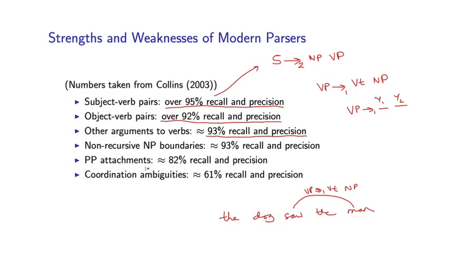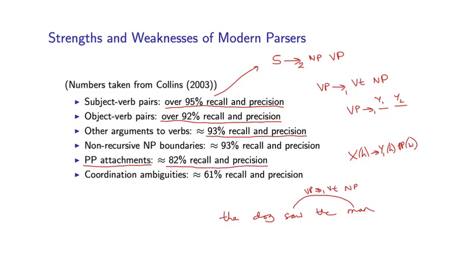Some problem cases, though. If we look at prepositional phrase attachments, so these are going to be rules of the following form. XH goes to Y1H PPW. So X could be in a noun phrase, or it could be a verb phrase, or any case where we have a prepositional phrase modifying something else. We see that we score low 80s in terms of recall and precision.